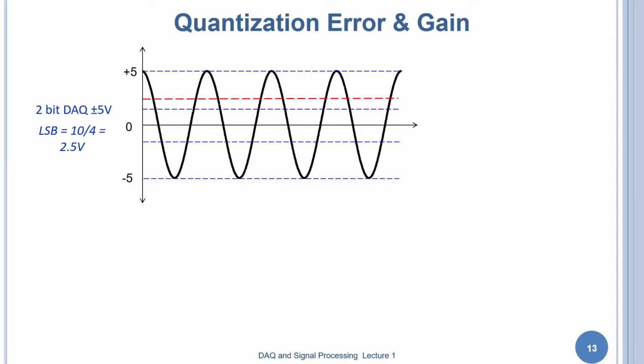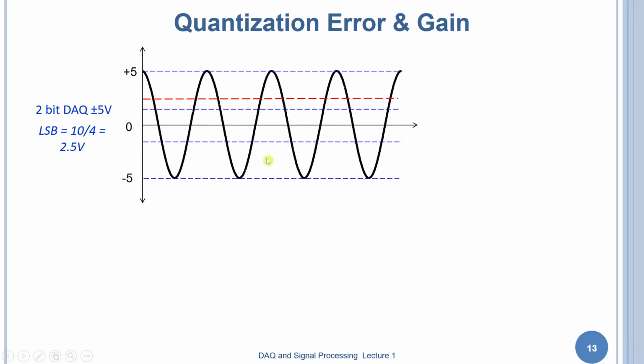So now let's look at quantization error and gain. We already looked at what quantization is. Let's look at what the error is. Here consider a 2-bit DAC with a plus or minus 5 volt range. By definition, your least significant bit is going to be 10 divided by 2 raised to 2, which is 2.5 volts. If I want to measure the voltage value represented by this red line, unfortunately that red line doesn't fall into one of these 4 different levels.